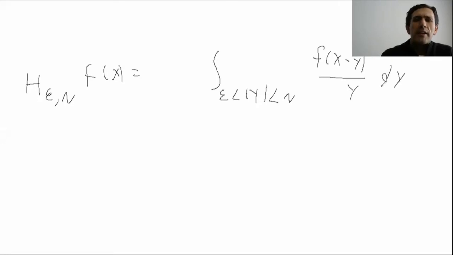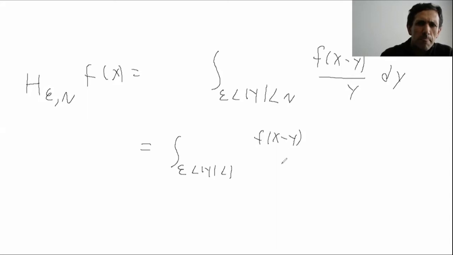Let's assume n is bigger than 1. Obviously we can assume that, we're letting n go to infinity. So this is going to be the integral over epsilon less than y less than 1, plus this integral here.